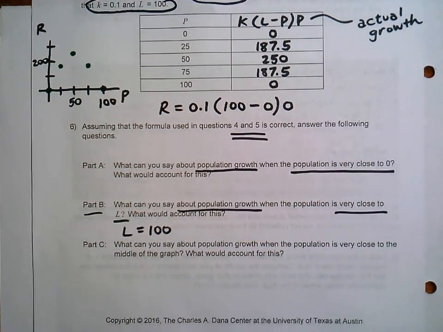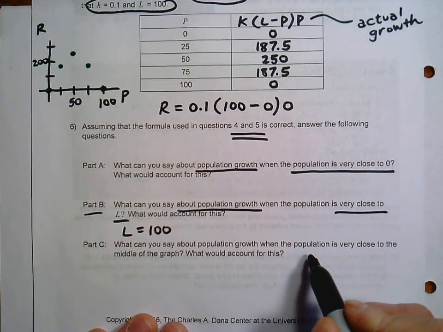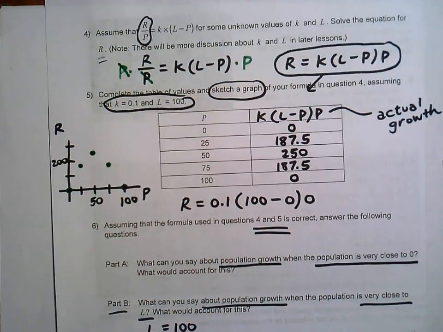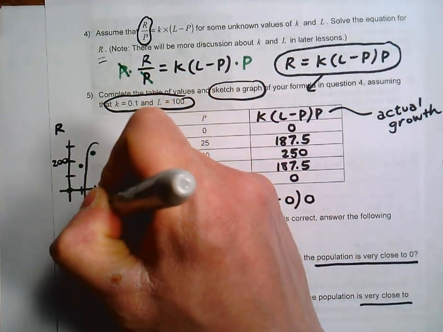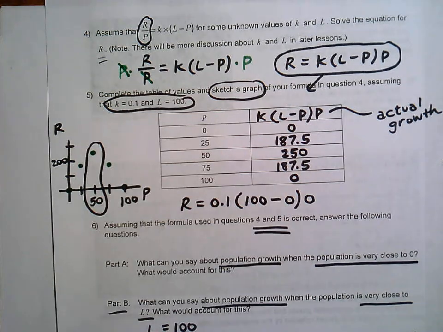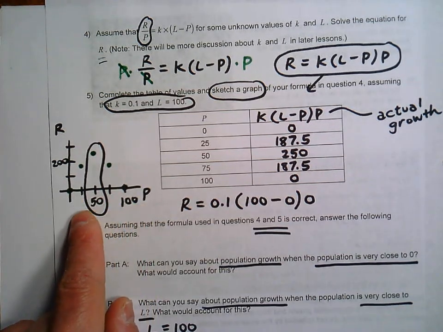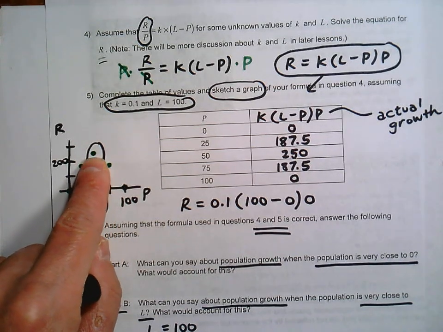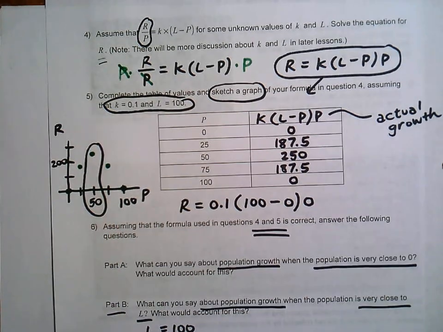And then finally, question C. What can we say about the population growth when the population is very close to the middle of the graph? So this is referring to this part of the graph. So when the population is sort of in the middle, what can we say about the rate? The rate is at its highest, right? So what we're seeing here is the population is going up.